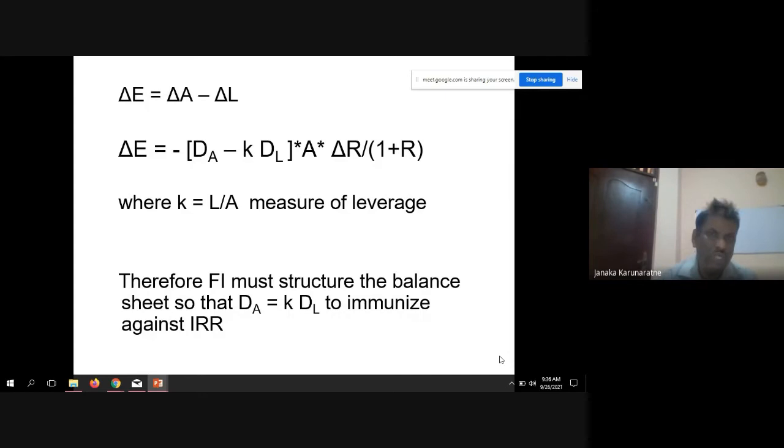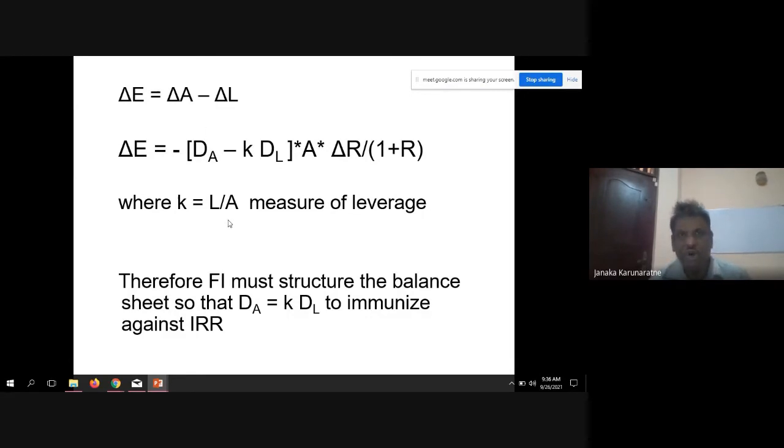So if we move on to the entire balance sheet equity impact, change in equity means change in asset value minus change in liability, because any change in asset and liability will change the equity. If you combine those two, we end up with this formula: change in equity equals minus, remember minus, within brackets DA minus K DL, times, this asterisk means multiplication, asset value into change in interest rate divided by 1 plus R. And what is K?